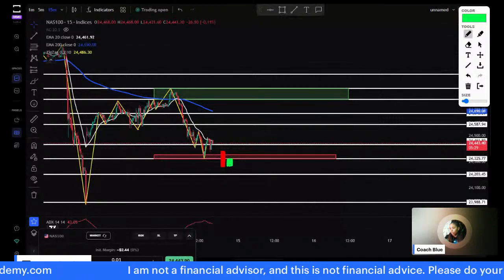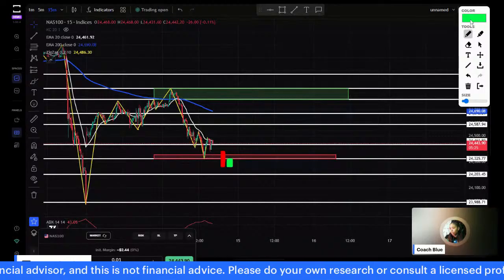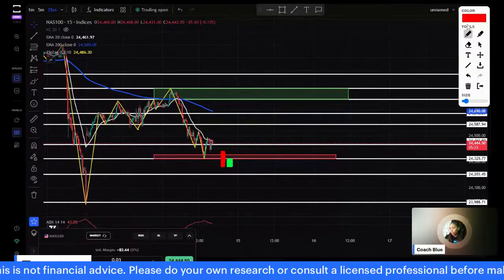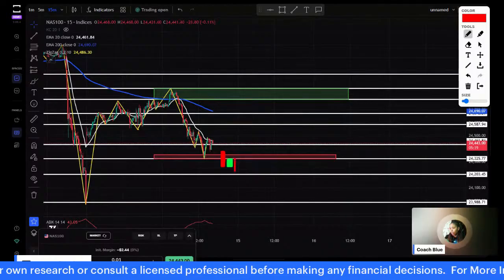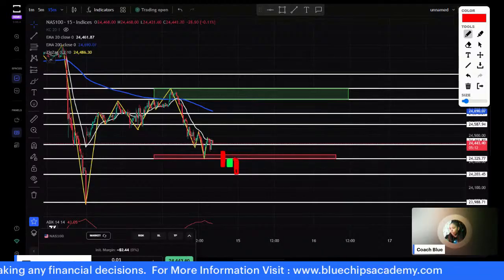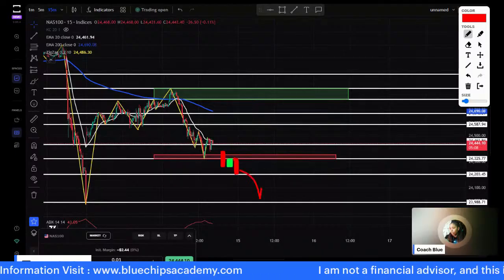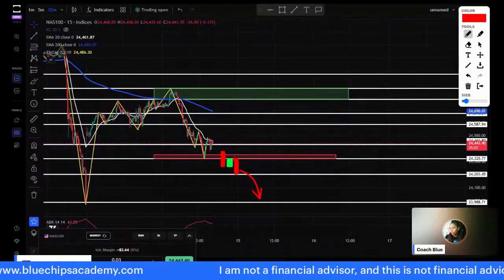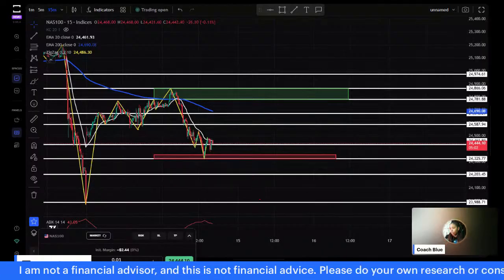And then we want to continue to the downside. And when we continue, we want it to break past our pullback area. So we want that continuation to the downside here. Breakout, pullback, continuation. That's the price action that we're looking for.